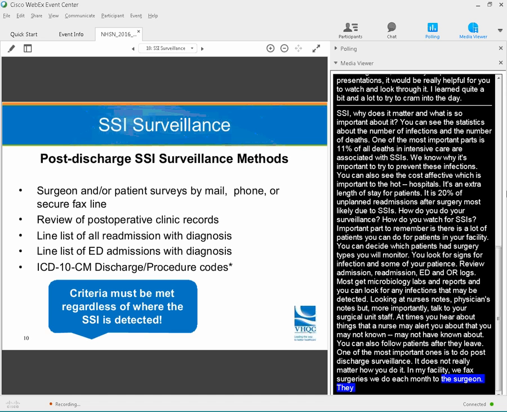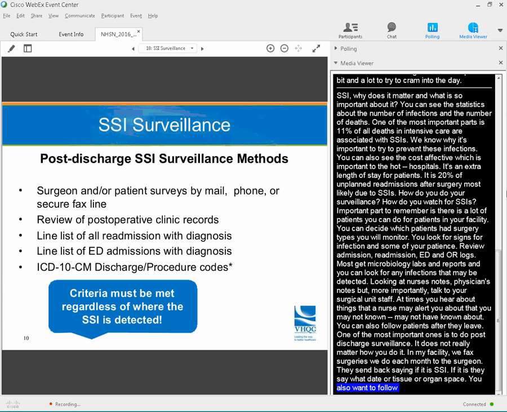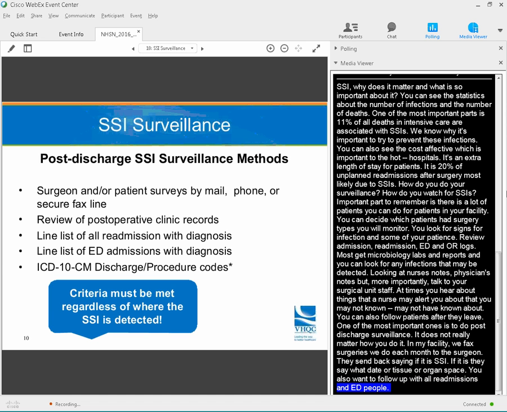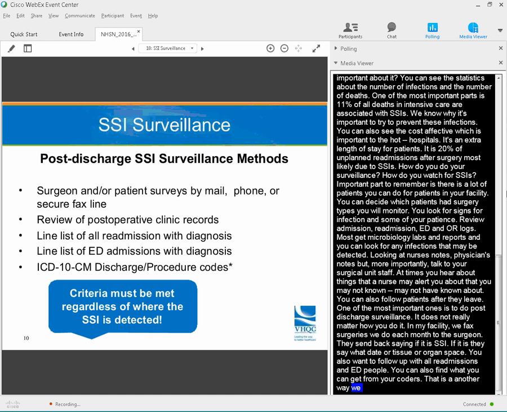But you can do this by mail, by phone, or any other way. Also, you want to follow up with all your readmissions and your ED patients. You can also use what you can get from your coders. That's another way we've been utilizing: anybody that's been coded for an SSI, it's easy to help you track those patients.